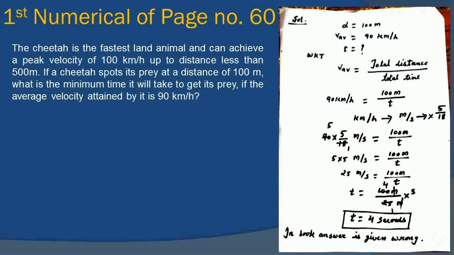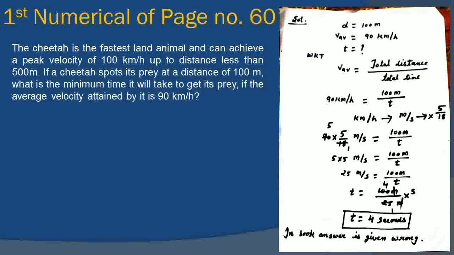Clear? So here you have to see that distance is given in meter, but the average velocity is given in kilometer per hour. So first we have to change it into meter per second, because we have to find the time and time should come in second or hour. Clear? So 90 km per hour should be changed into meter per second.